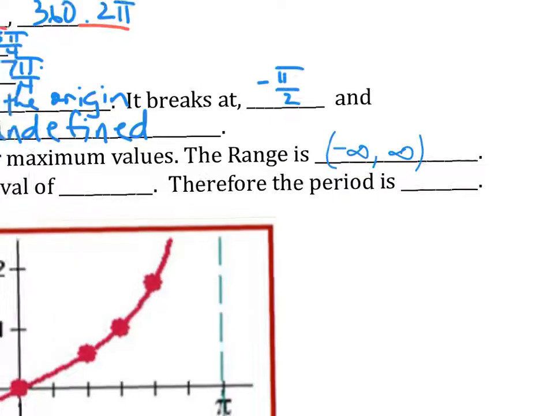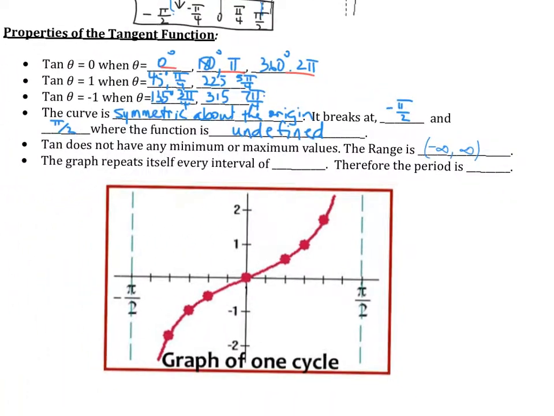Okay? And then the period length. You can see it right here in this graph. If one asymptote's at negative pi over 2 and the other one's at positive pi over 2, what's the distance between those two? Pi. So therefore, our period length for tangent, and it's going to be true for cotangent, is going to be a value of pi.